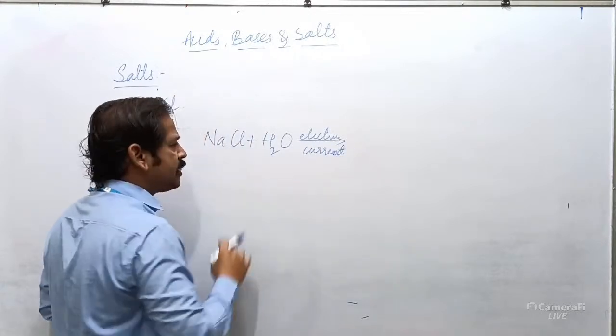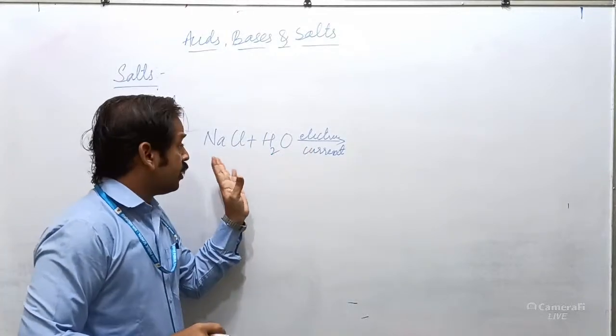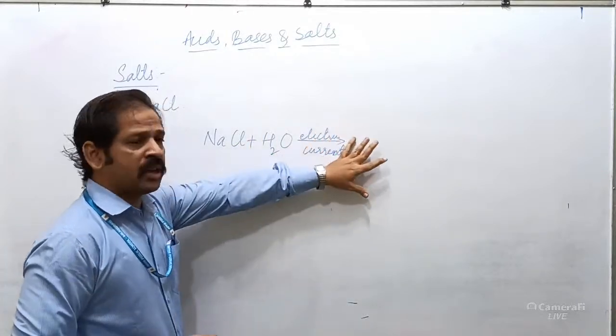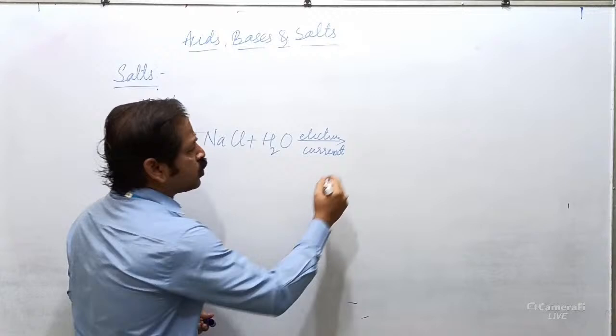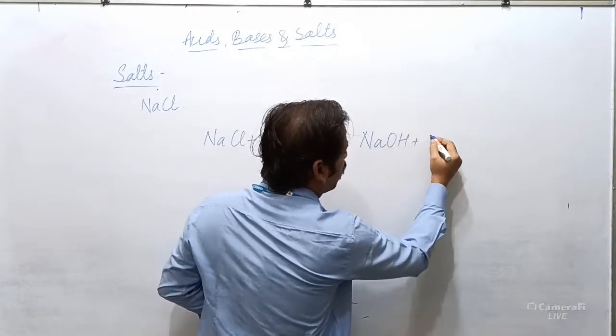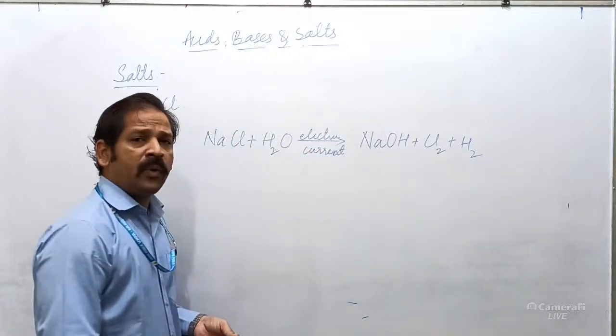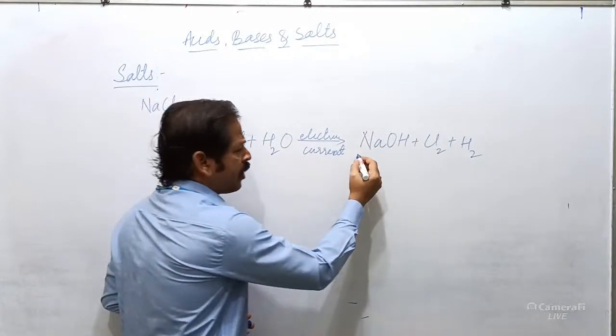It is also called the electrical decomposition of sodium chloride. That is, sodium chloride solution becomes sodium hydroxide, chlorine and hydrogen. We have three byproducts.